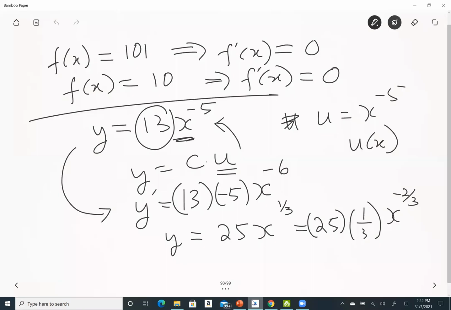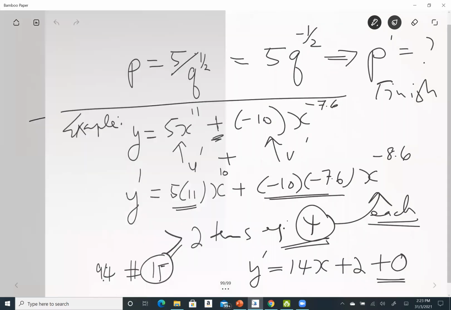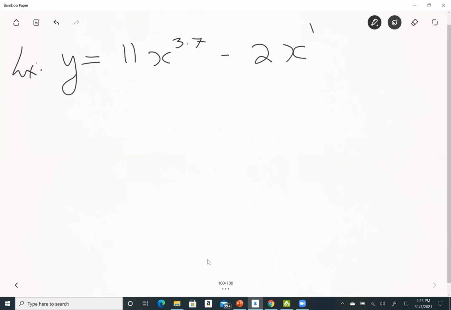Let me give you an example. Let's say y equals 11x to the power of 3.7 minus 2x to the power of 1/4. You have a negative sign here, so we apply the difference rule.